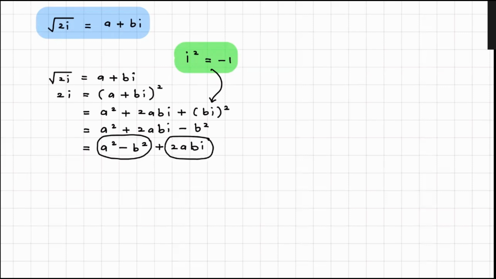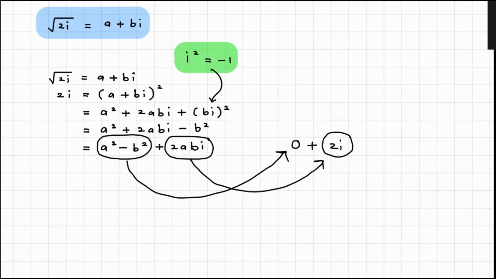If you compare with your 2i, 2i only has the imaginary part. So there's no real number here, so the real part is going to be 0. That means the entire a squared minus b squared is going to equal 0, and your imaginary part you can equate to this.